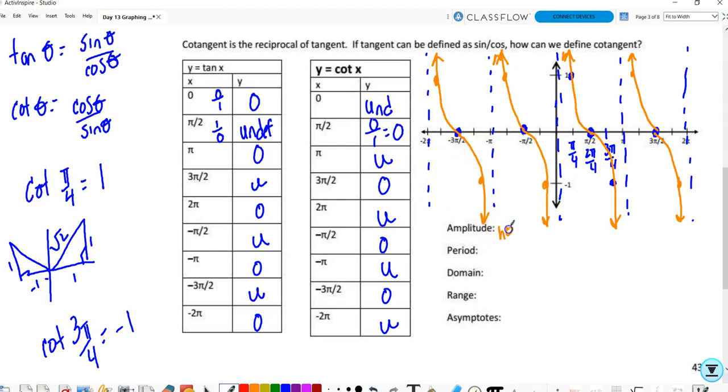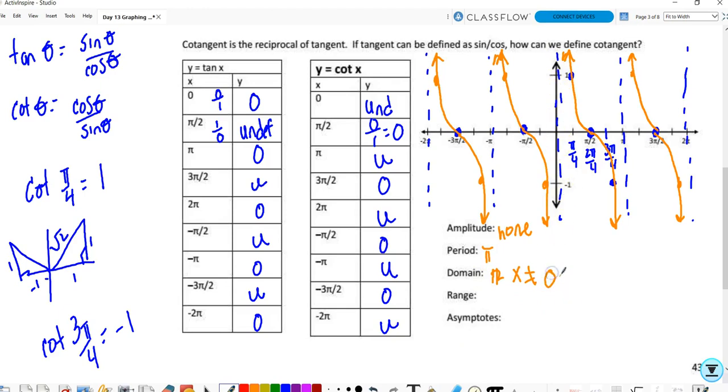No amplitude. The period will be the same as the tangent period. So between these asymptotes, this one pattern is from 0 to pi. So that's a length of pi. Domain is all reals, but x can't be. So let's start with our first asymptote here at 0.